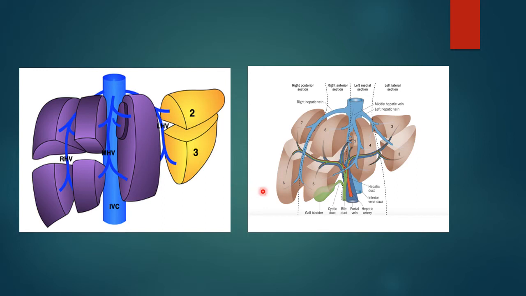And in this diagram we can see the division of the portal triad into primary branches which divide the liver into two functional lobes, then secondary branches which divide each functional lobe into two sectors, and then tertiary divisions which form segments.